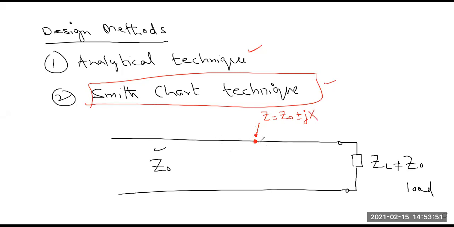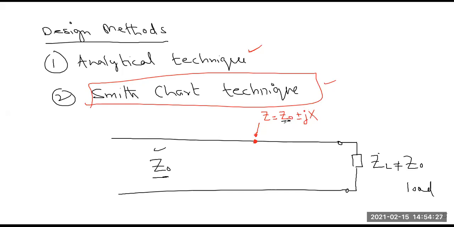What is the special thing about this point? At this point, the real part of the impedance is equal to the impedance that I want to match my load with. The imaginary part, which I have represented as either plus jX or minus jX, doesn't matter. I am not interested right now whether at this point the imaginary part is plus jX or minus jX.